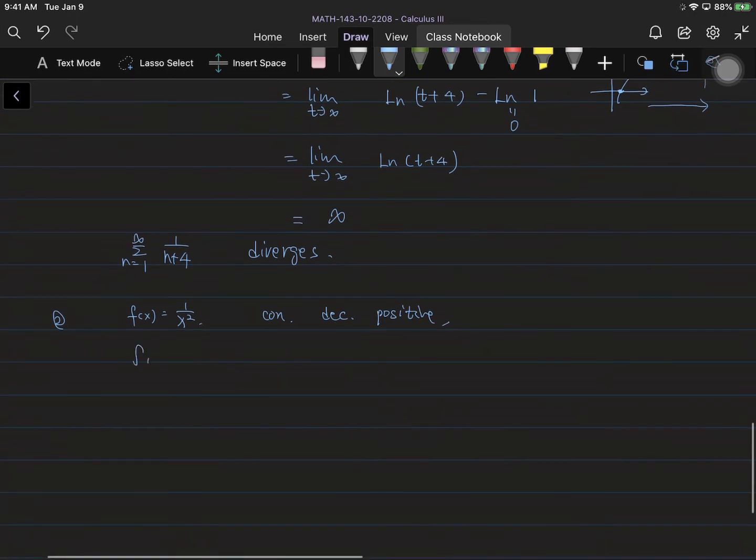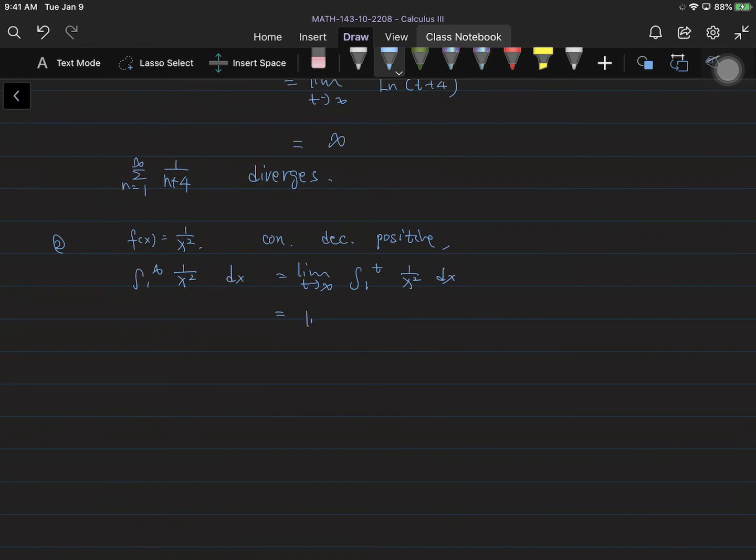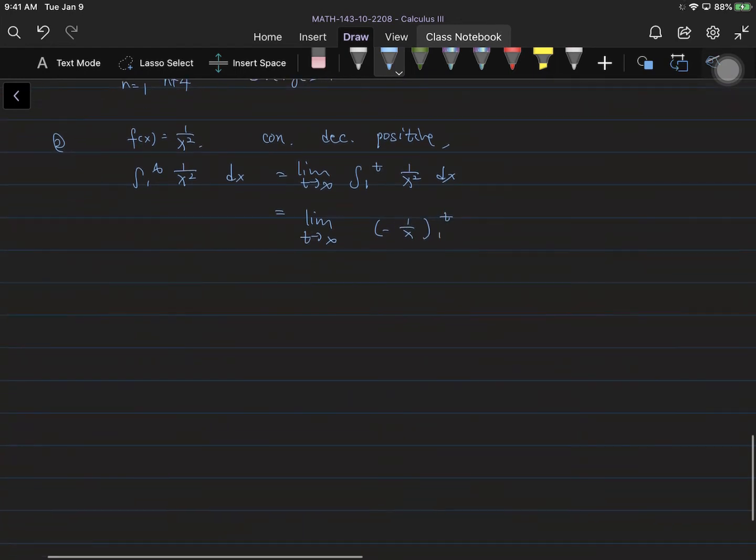And we set up the integral. Turn this into the limit of the integral from 1 to t of 1 over x squared dx. And what is the integral? Negative 1 over x, right? From 1 to t. And plug in the bounds.